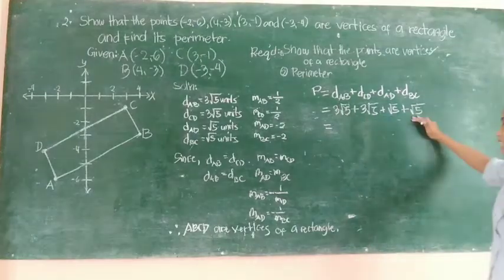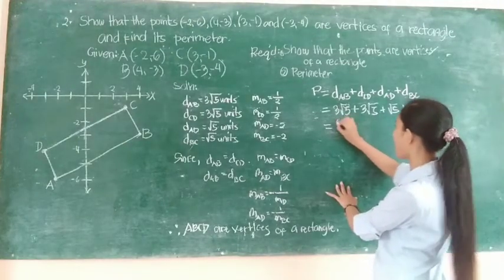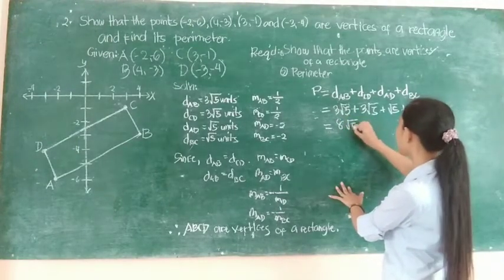So, add them all. The total is 8 square root of 5 units.